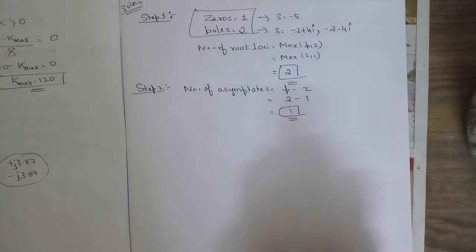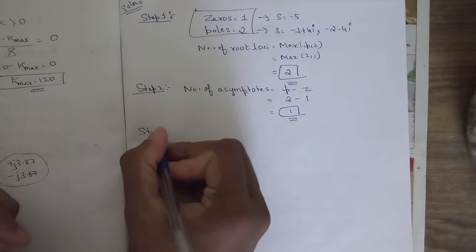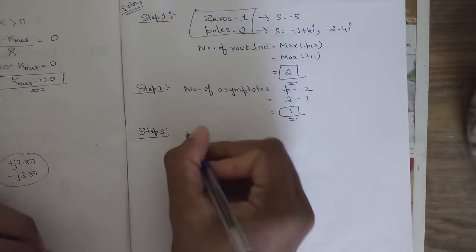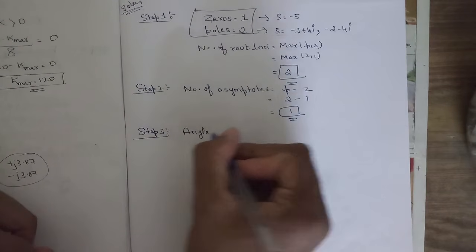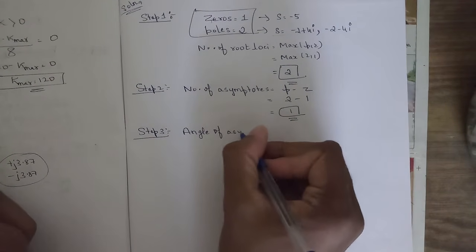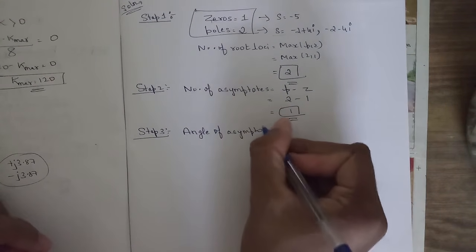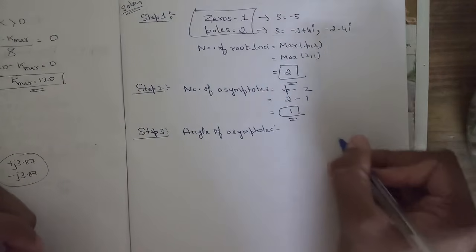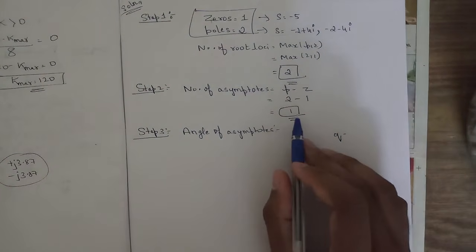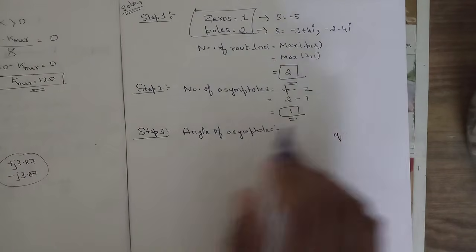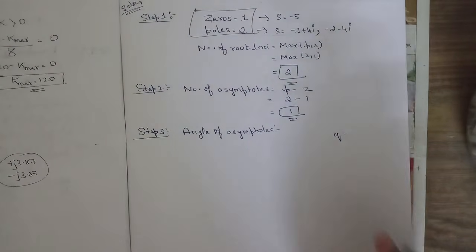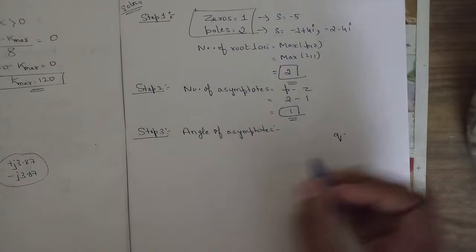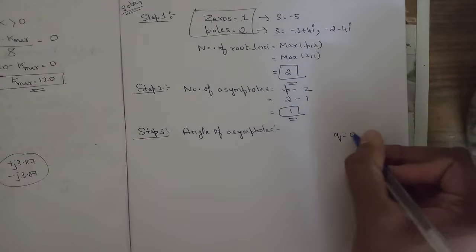Now the third step is the angle of asymptotes. Since we have one asymptote, we need to calculate only one single angle of asymptote. If we have only one angle of asymptote, the value of q would be only 0.